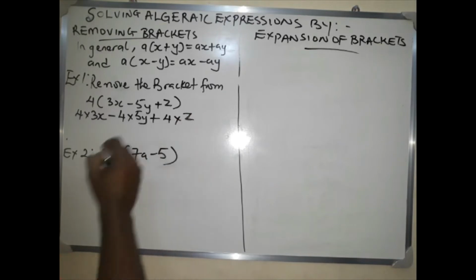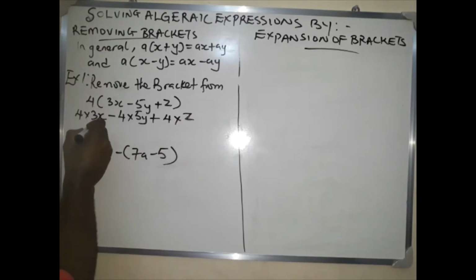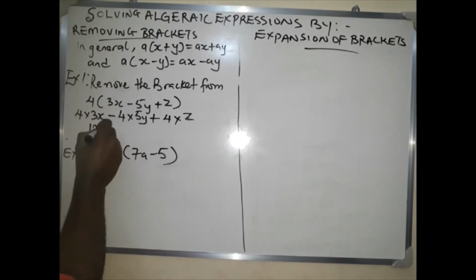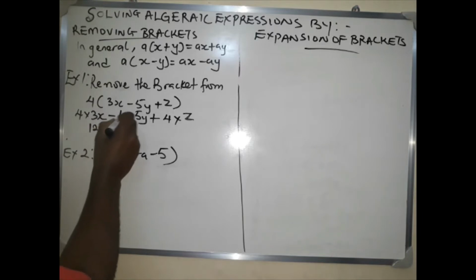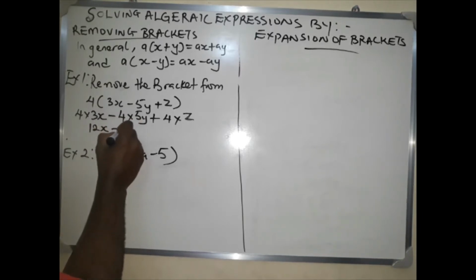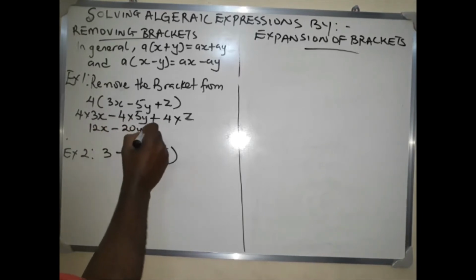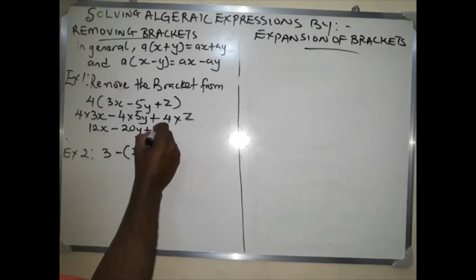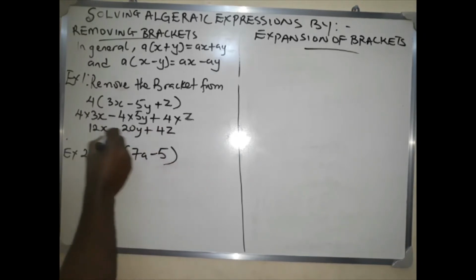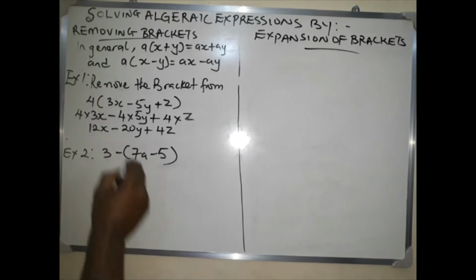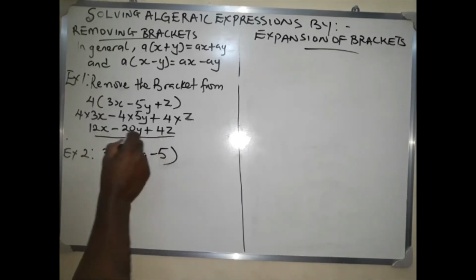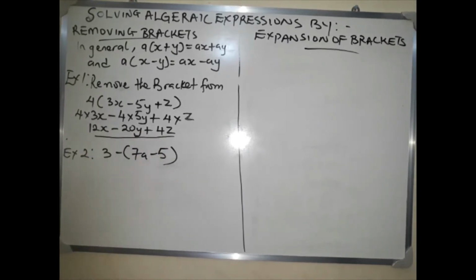So now 4 times 3x will give you 12x, minus 4 times 5y is 20y, plus 4 times z will give you 4z. And since none of them are like terms, we cannot add or subtract them, so we leave the answer as it is.